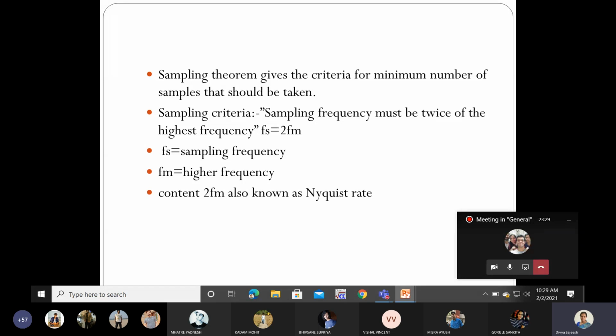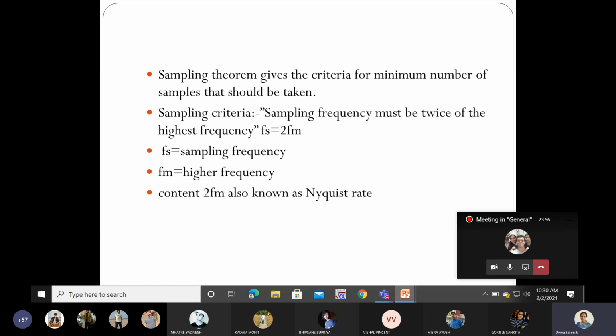Fs is the sampling frequency and Fm is the highest frequency present in the signal, and Fs should be twice Fm. This condition is known as the Nyquist criteria. If the criteria is met, then only can your signal be recovered properly from the samples.